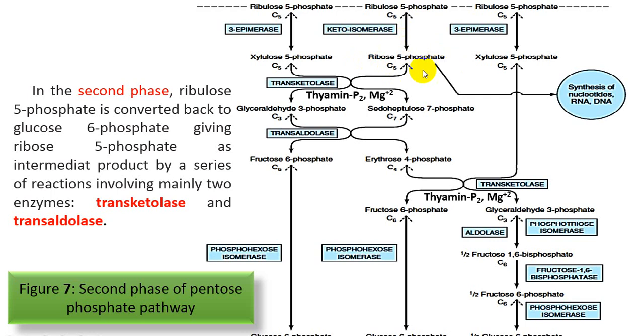Here is the important thing: ribose 5-phosphate, as I said, is one of the results from the pentose phosphate pathway, and this molecule is very important for synthesis of nucleotides, RNA, and DNA.